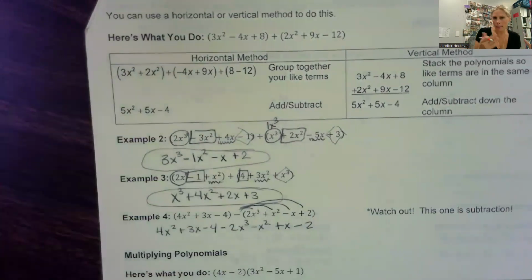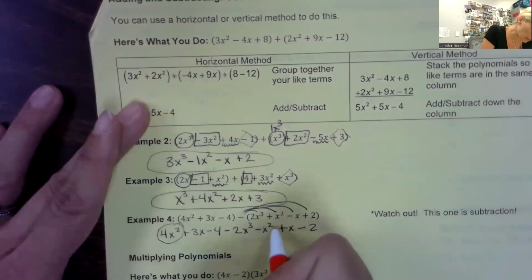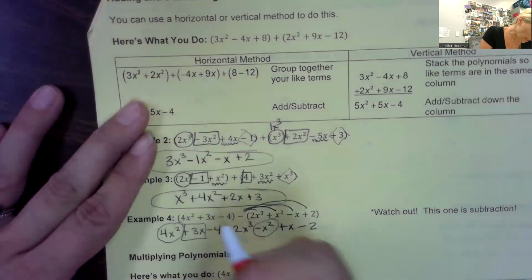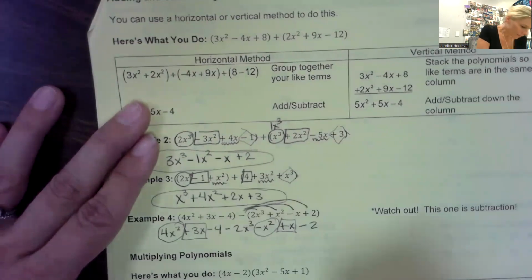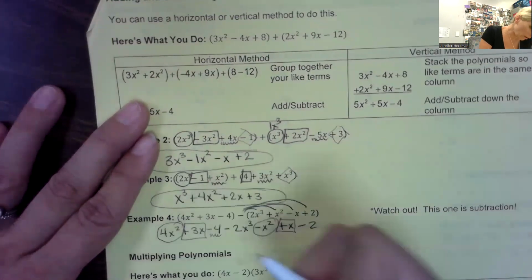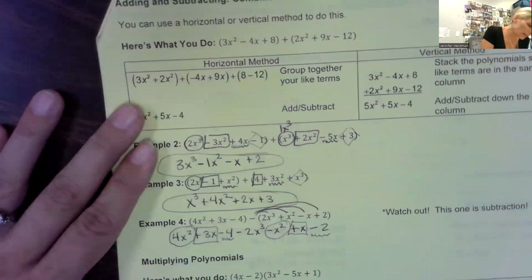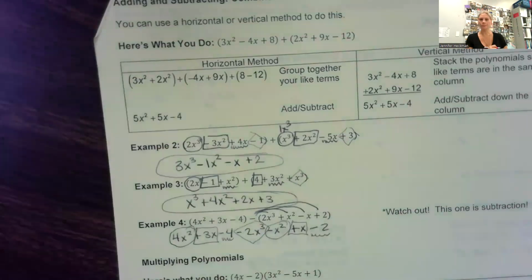So I'm going to do shapes around my terms, right? I'm going to go a circle around the x squareds. Let's do a box around the next one, right? My x's. The squiggly line around my constants. And here I have an x cubed, so that's by itself.